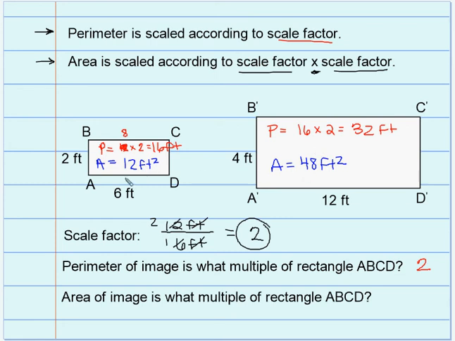How many times larger is 48 than 12? Well, you would multiply 12 times 4. So the area of the image is what multiple of rectangle ABCD? It would be 4. Now look up here. Area is scaled according to the scale factor times the scale factor, which is, in fact, 4. Okay?